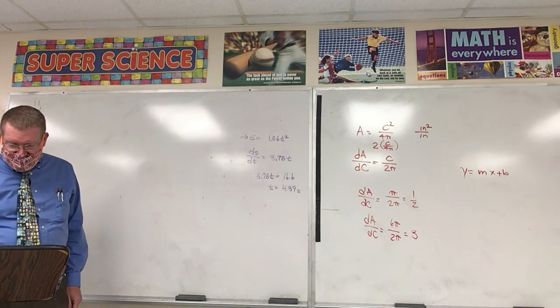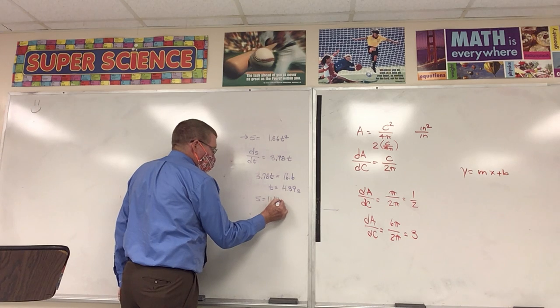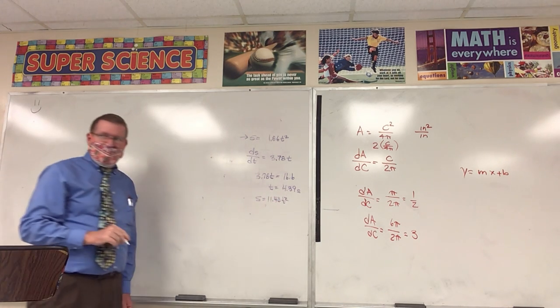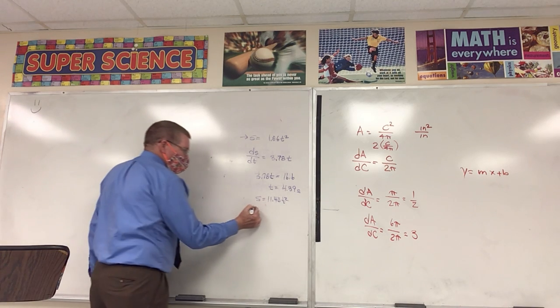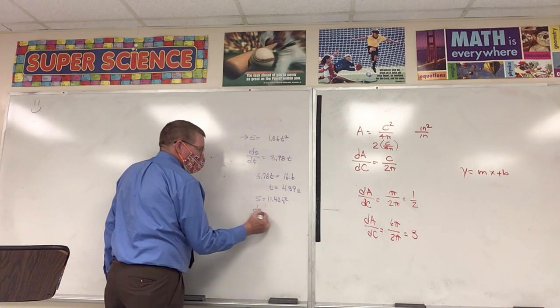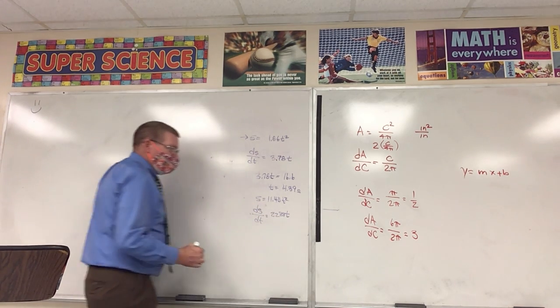Alright, do the same thing on Jupiter. S equals 11.44 t squared. My derivative would be what? 11.44 times 2, so that'd be 22.88 t.